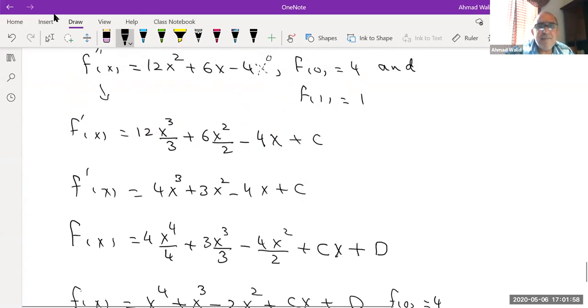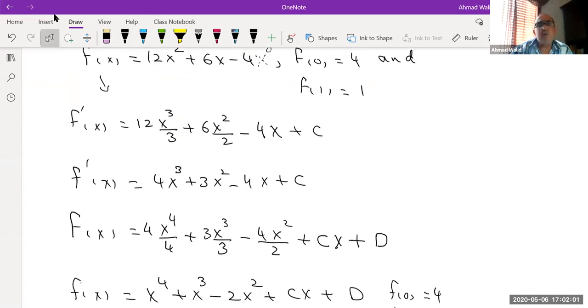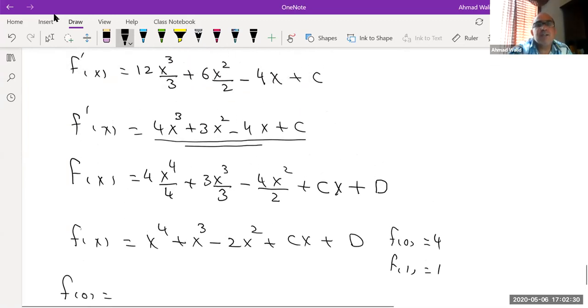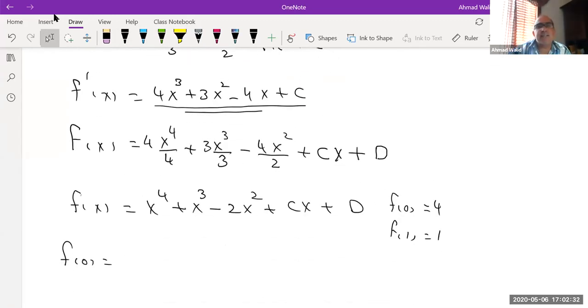To find f of 1, you have to use f of 0. You have to use this function. Correct? It means f of 0 equals, what was that function? 4x cubed.